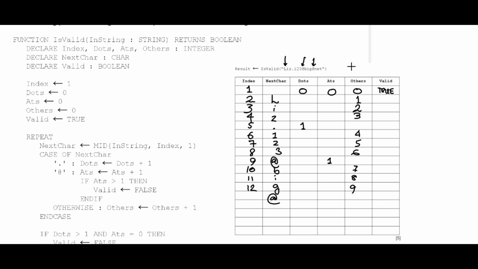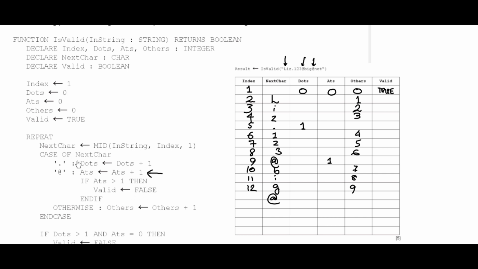And then we have another at over here. So another at. So initially the valid was true. So when this is an at, we're going to be coming to this point. At is at plus 1. So if at is greater than 1, then valid is automatically false.